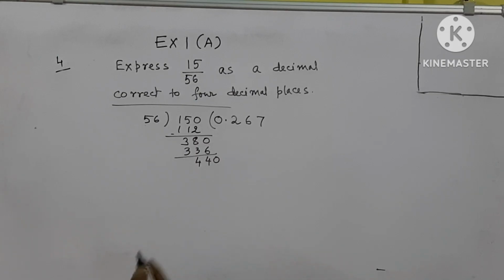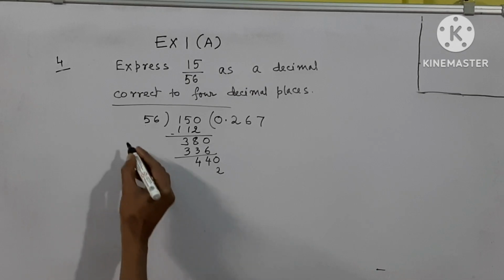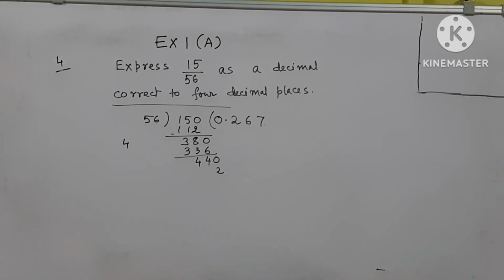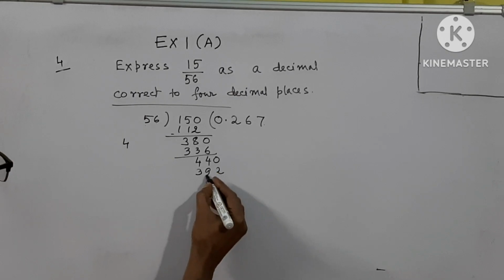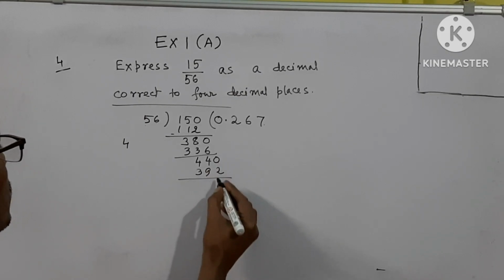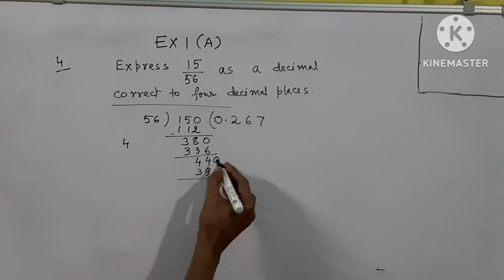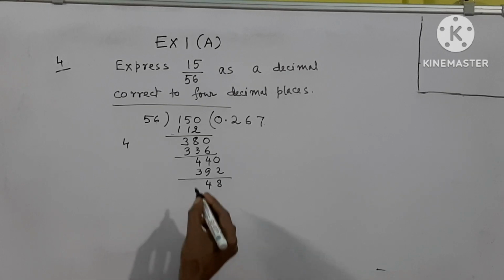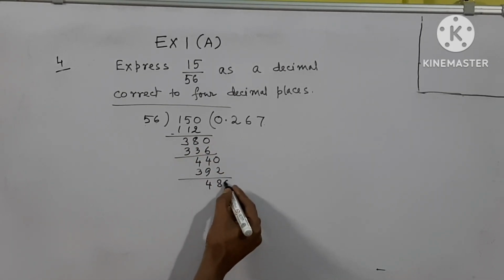Let's try with 7. 7 6s are 42. 7 5s are 35. 35 plus 4, 39. 8 and carry 1, 10, 14, 48. Put 1 0.